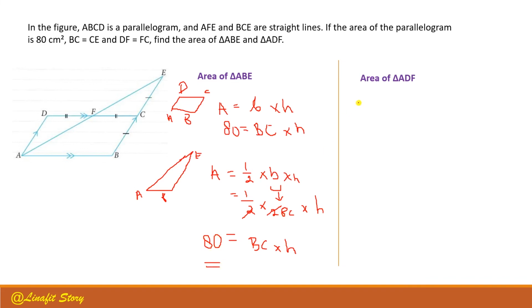And the next is how to find the area of triangle ADF. The area of a triangle is 1/2 times base times height. So 1/2 times the base is DF times height.